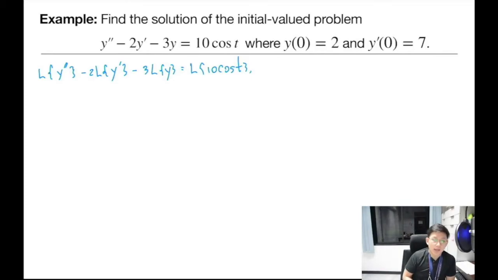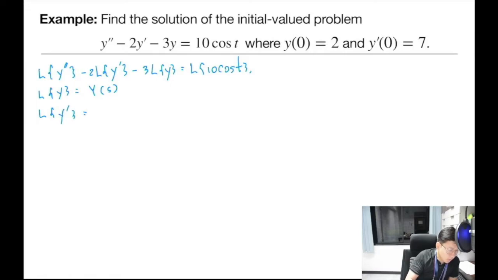Okay, and guys, the Laplace transform of y is Y(s), right? The Laplace transform of y prime would be s times the Laplace transform of y, which is the big Y(s), minus y0, and that is sY(s) minus 2. Guys, don't forget y0 is 2.